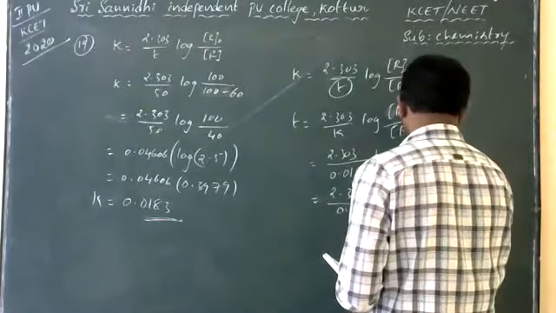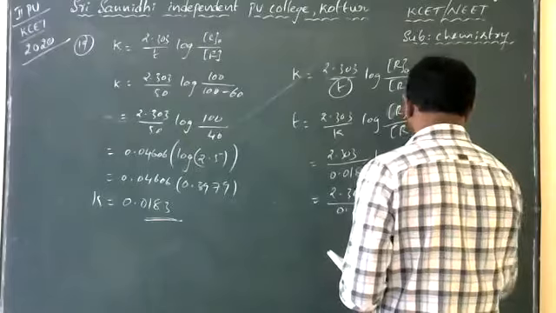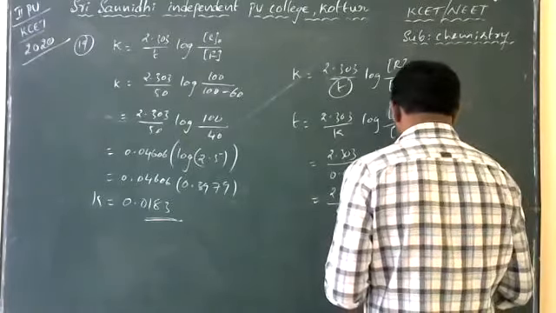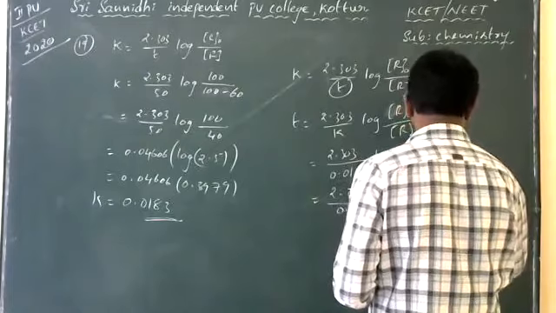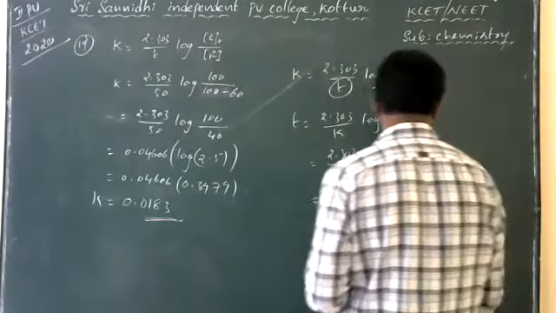That is, 100 minus 93.6 is nothing but 6.4.